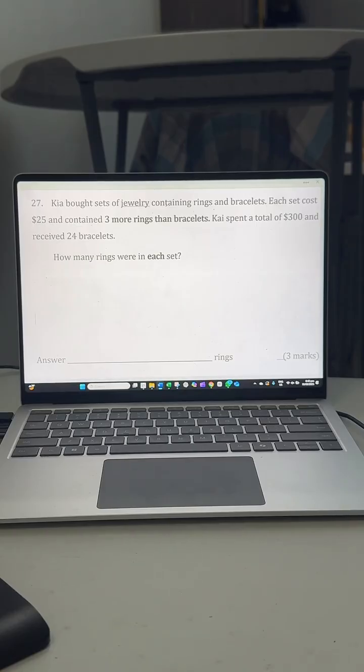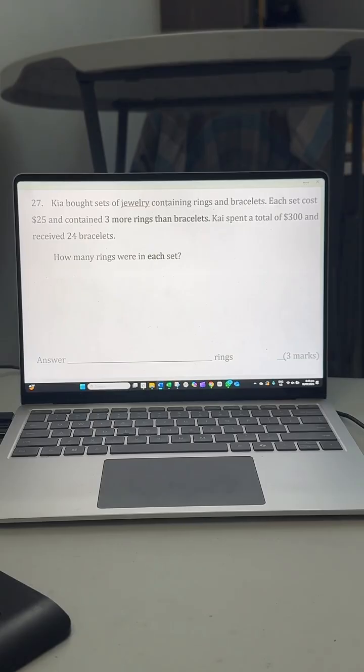So if I want to find out how many rings each set has, the first thing I need to find out is the number of sets we're dealing with. It's $300, and each set costs $25. So let's find out the number of sets.